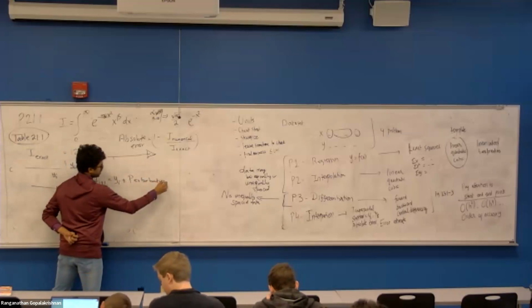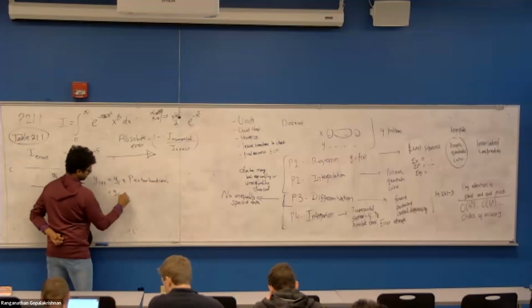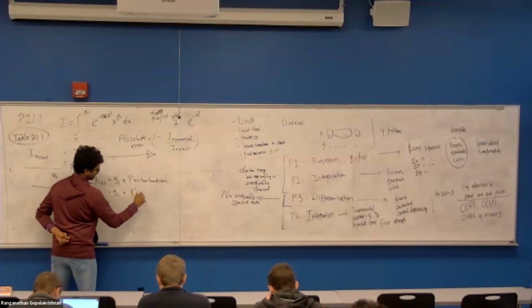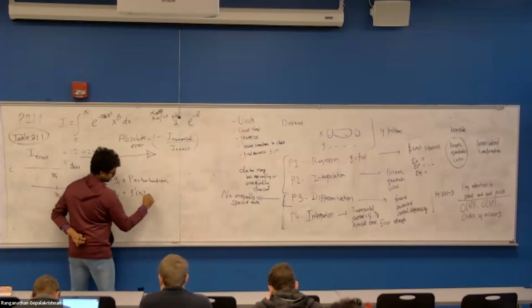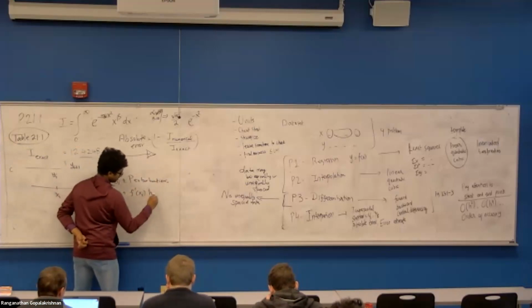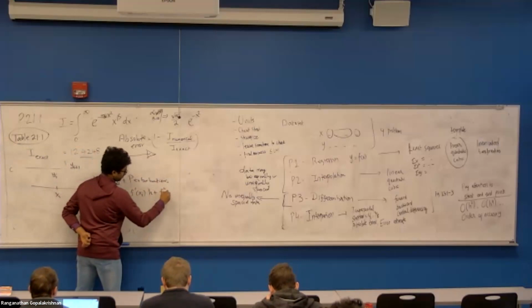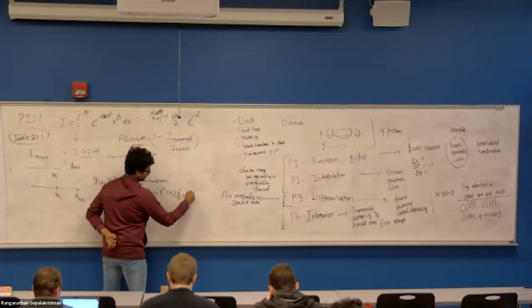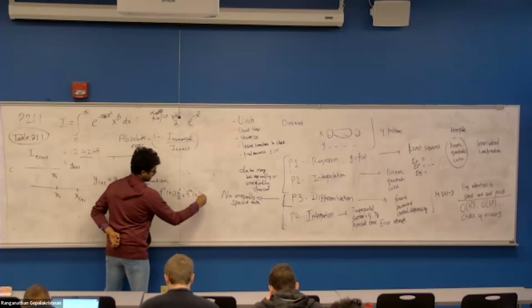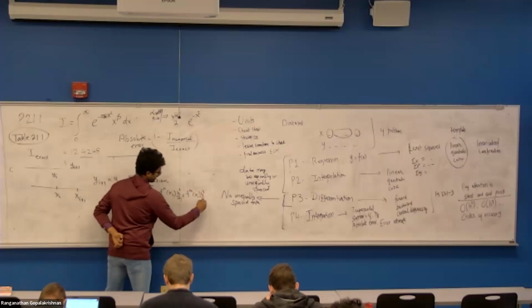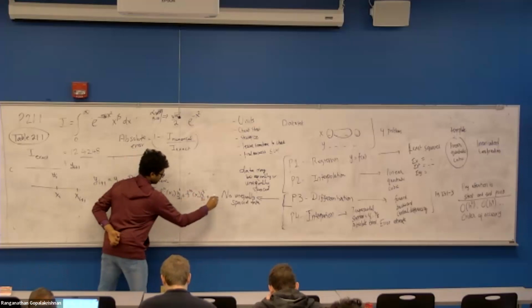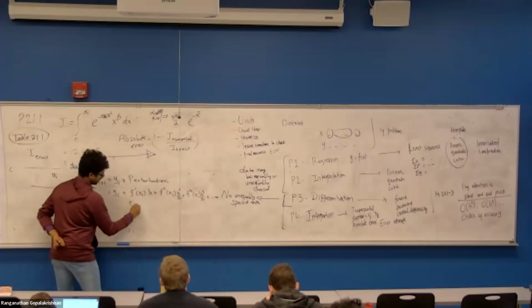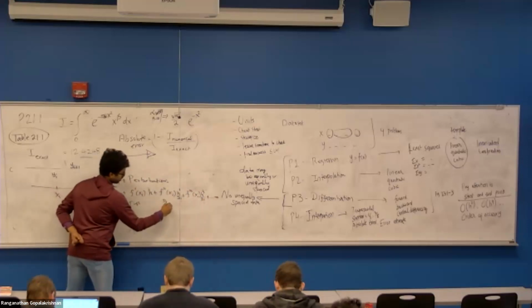The perturbations, if you write them: yi plus f dash of xi times h, plus f double dash of xi h squared over 2, plus f triple dash of xi h cubed over 3 factorial, and so on up to infinity. So this is the first order perturbation. This is the second order perturbation.